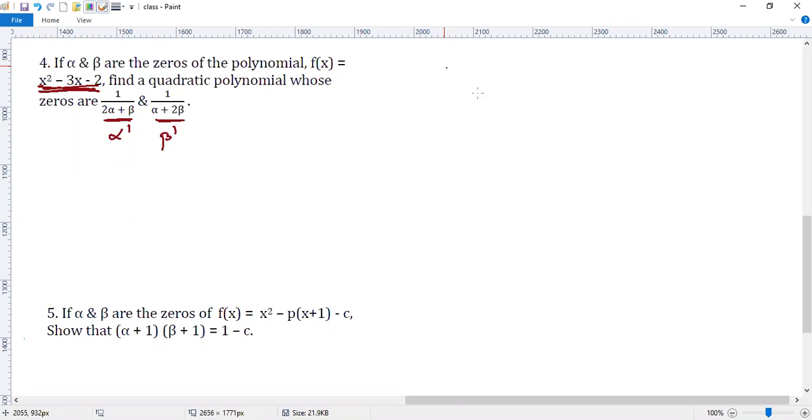K times of x squared minus sum of zeros into x plus product of zeros. இந்த formulaல இந்த alpha dash beta dash னு எடுத்துக்கணும். These two as alpha dash plus beta dash, இது alpha dash into beta dash. So இந்த value நீங்க substitute பண்ணீங்கன்னா you should get the new polynomial. Okay வா? இது straightforward normal method.